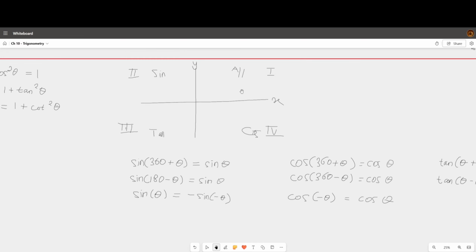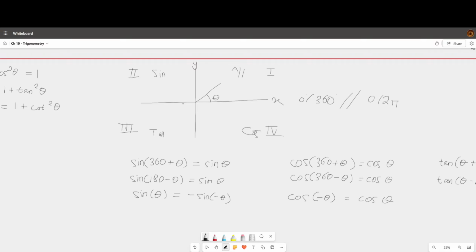Well, if we come down here, we can see that this angle is 0 degrees or 360 degrees, because if you do one complete rotation, you'll come back here at 360, or in radians, 0 or 2 pi. Both of these are the same. So 360 plus some angle theta, with theta being less than 90 and greater than 0: if we have some angle theta here, then sine will be positive.